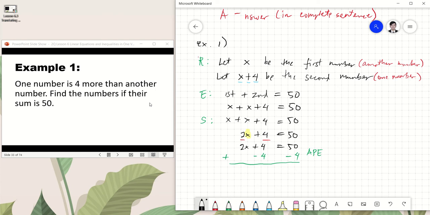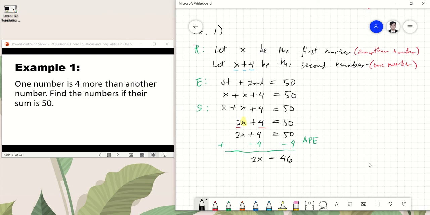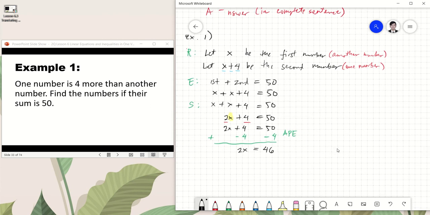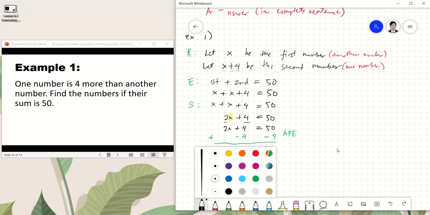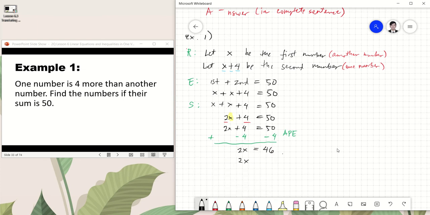So 2x. 2x na lang yung matitira. 4 plus negative 4 is 0. 50 plus negative 4 is equal to positive 46. Then finally, yung 2 na lang yung tatanggalin natin.